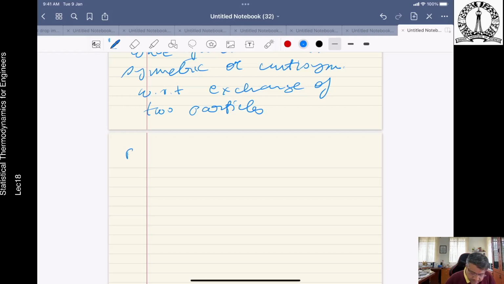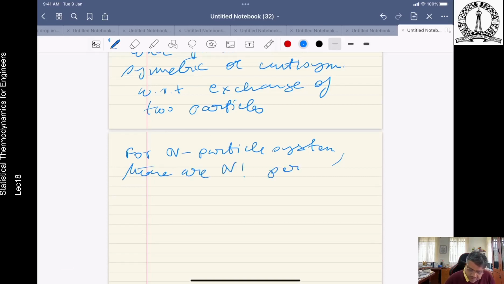So for an n particle system, there are n factorial permutations that are possible, right?